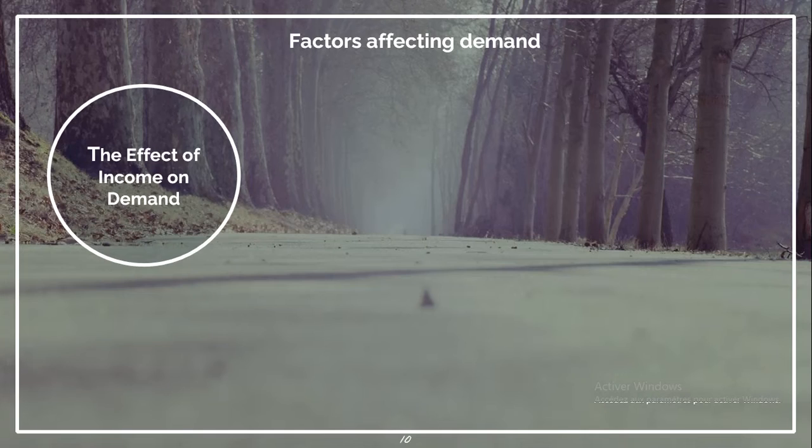A change in any one of the underlying factors that determine what quantity people are willing to buy at a given price will cause a shift in demand. Graphically, the new demand curve lies either to the right, an increase, or to the left, a decrease, of the original demand curve.